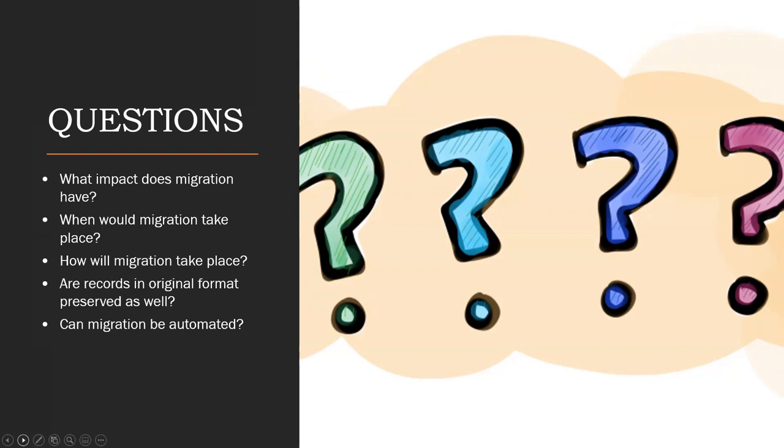So if you have records that you don't really need to migrate before you provide access to them to researchers, then that's really beneficial, because it can lessen the chances that what the researcher sees is going to be less authentic than the original record.